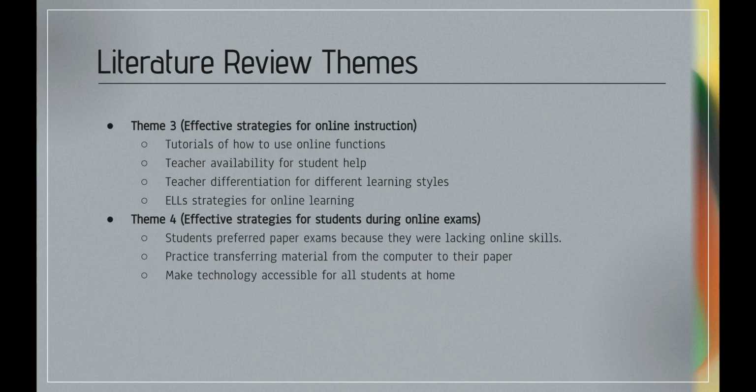And make technology accessible for all students at home. There are several districts that already provide some sort of electronic device for the students. However, not all students have access to internet at home.